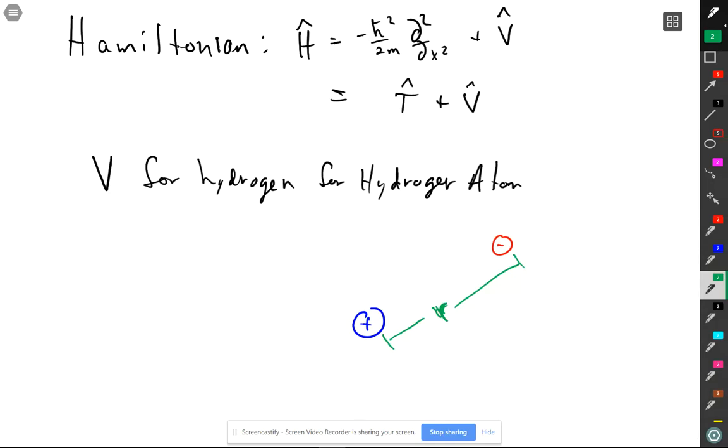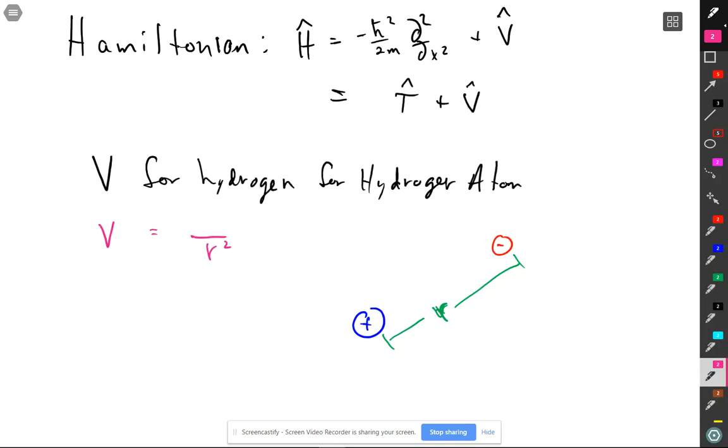You have a proton, you have an electron separated by some distance r. What's our potential energy function? A divided by r squared. Playing 20 questions today. Or maybe we're playing Jeopardy, I don't know.